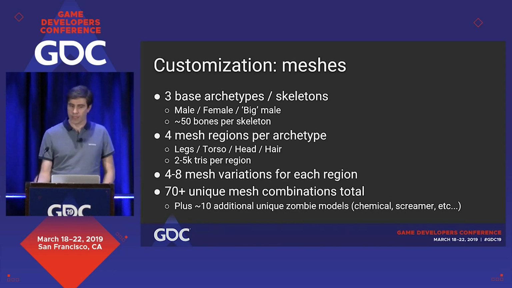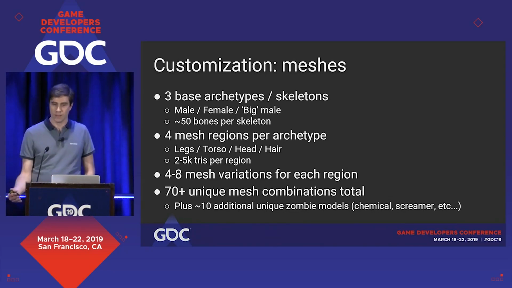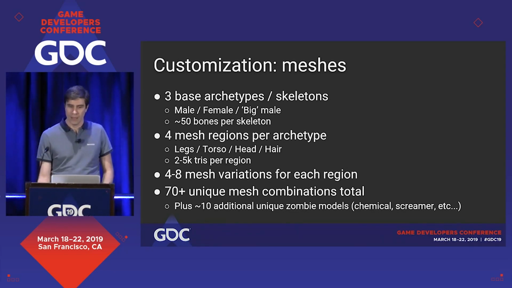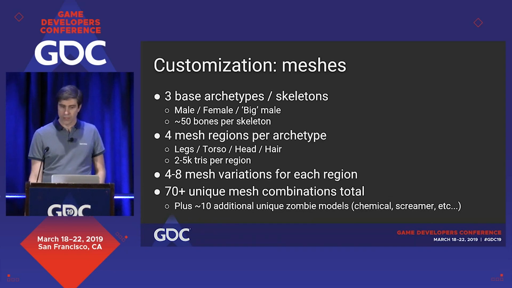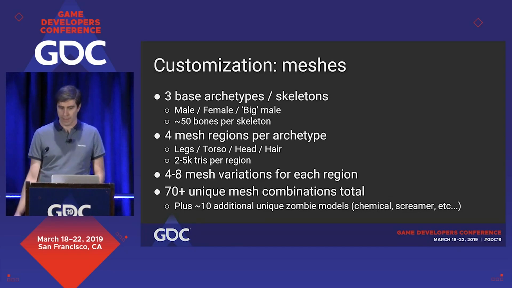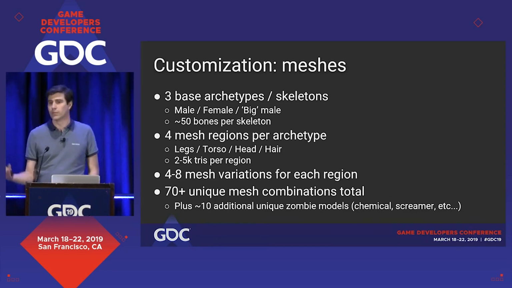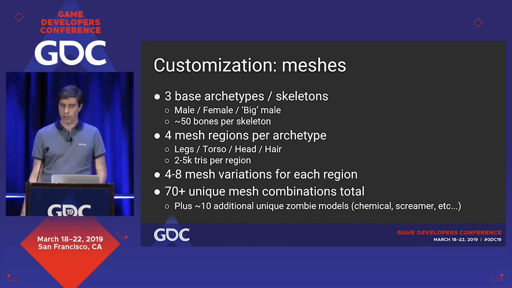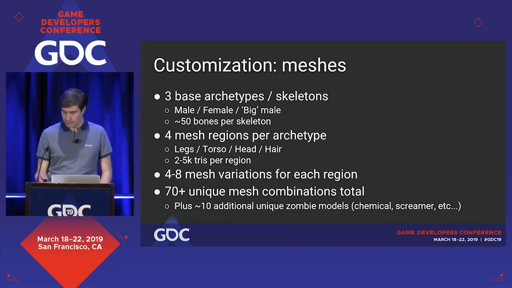The regions are legs, torso, head, and hair or hats. And for each region, our artist created 4 to 8 mesh variations. In total, we got more than 70 different combinations for each archetype.